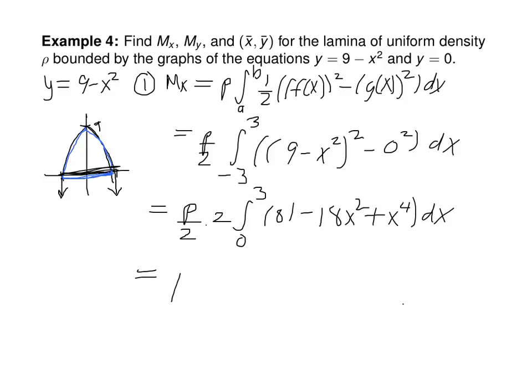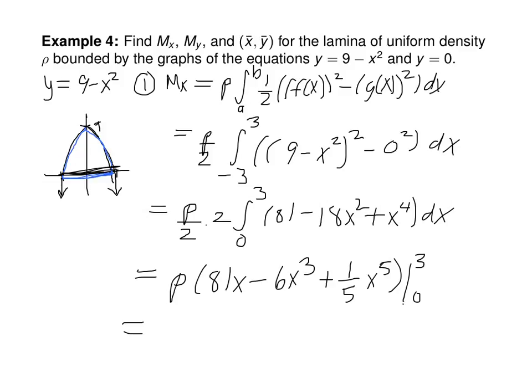Or rho times 81x minus 6x cubed plus 1/5 x to the 5th, evaluated from 0 to 3. And when you work that all out, you end up with 648 over 5 rho.